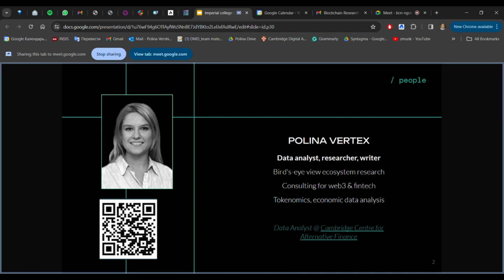Besides Cambridge, I also own a consulting agency where we work with startup and early stage projects in blockchain and AI industry, and we basically help them to define their strategy, help to package it, and communicate to investors and end users.